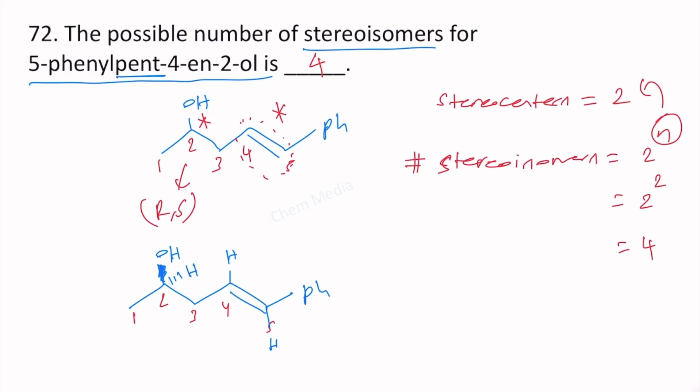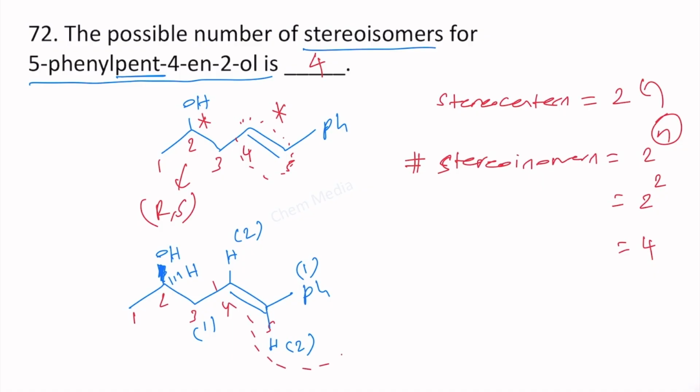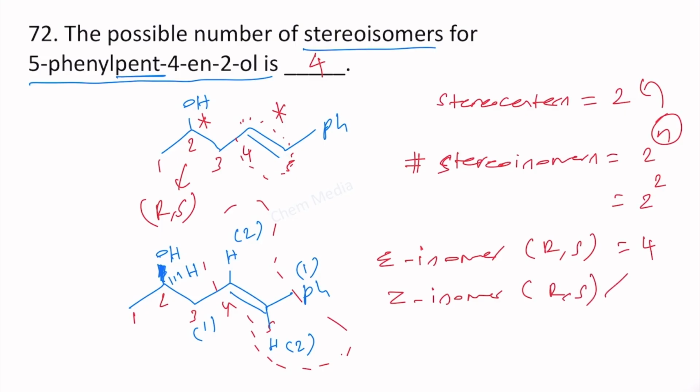If we assign the priorities, then hydrogen will get the least priority, carbon will get the most priority because the atomic number of carbon is higher than the atomic number of hydrogen. So, here our least priorities are on the opposite side. Therefore, this is an E isomer, isn't it? This E could be R and S, and then when we have Z isomer, then that can also have R and S. That is why the answer is 4.